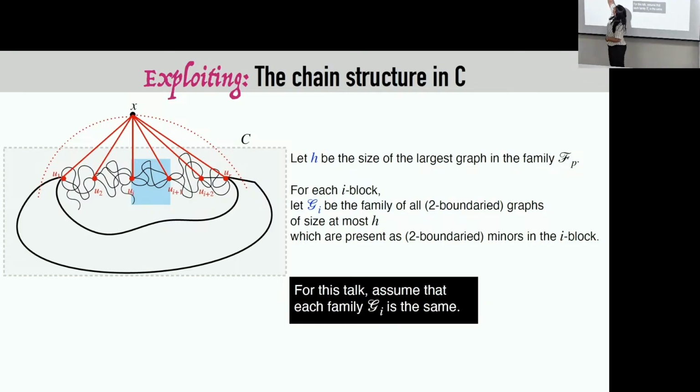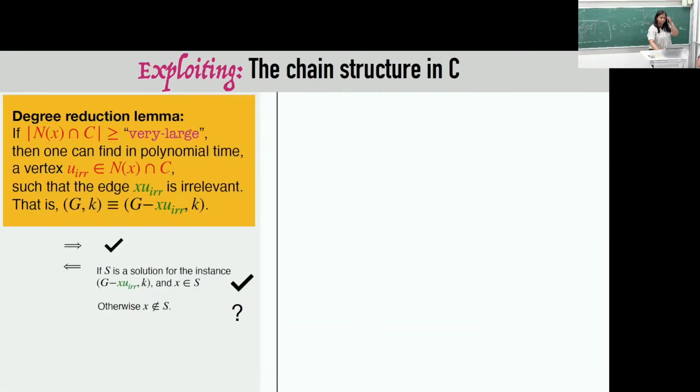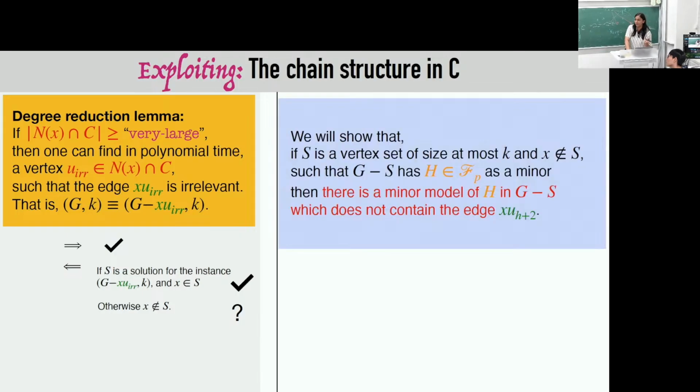If there is a minor in this block of size at most h, then that minor is also here, everywhere. And now we are close. So we wanted to prove this degree reduction lemma, and in this lemma I was deleting some edge.